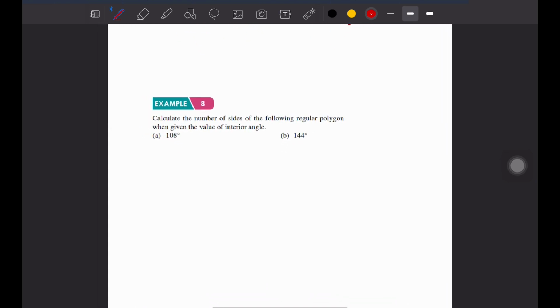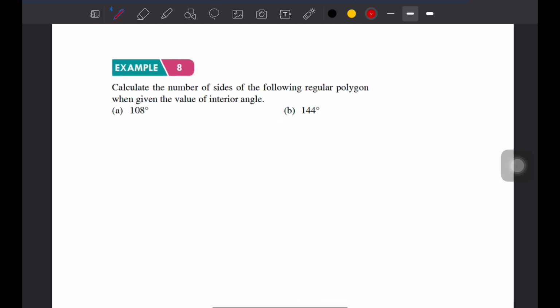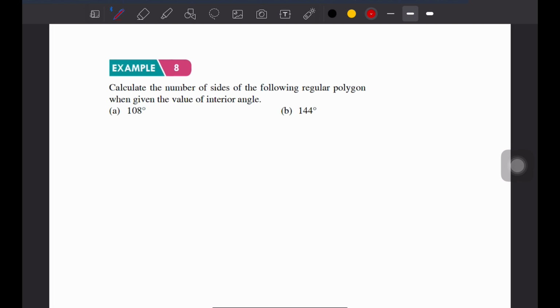Example 8. Calculate the number of sides of the following regular polygon when given the value of the interior angle. The question wants us to find the number of sides n of a regular polygon when given the interior angle.